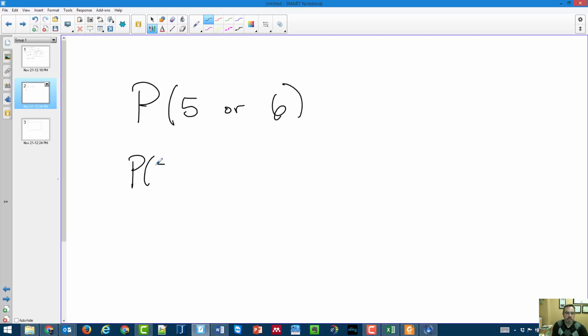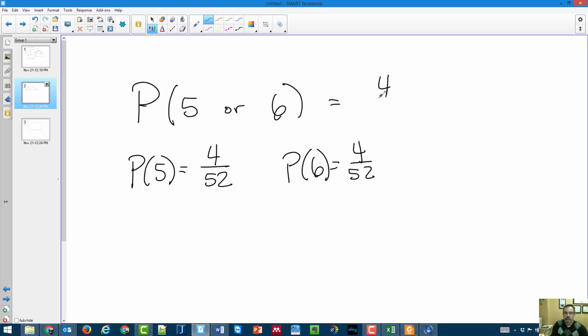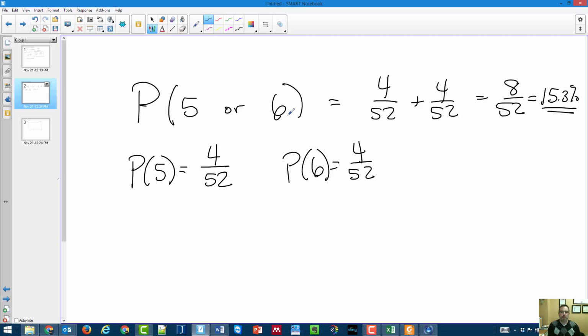The probability of getting a 5 is 4 out of 52. The probability of getting a 6 is 4 out of 52 cards. The probability of getting a 5 or 6 is adding these together and saying, okay, it's 8 out of 52. I can throw that into decimal form. Looks like it's 15%. That's the probability of getting a 5 or a 6.